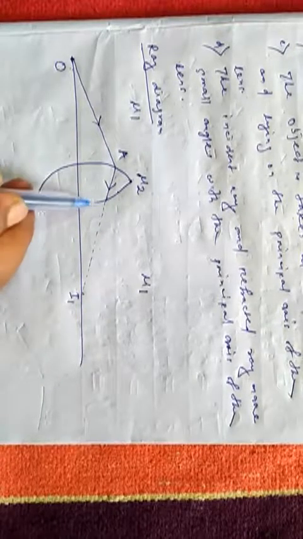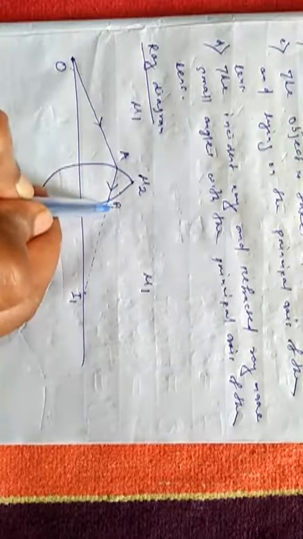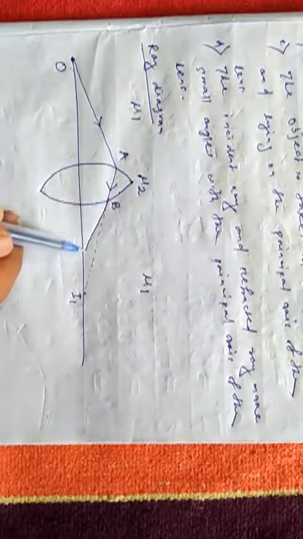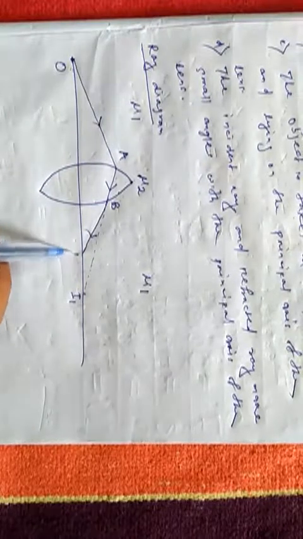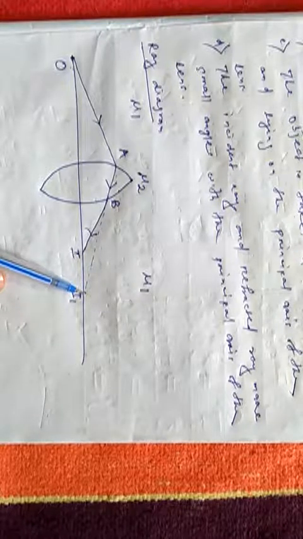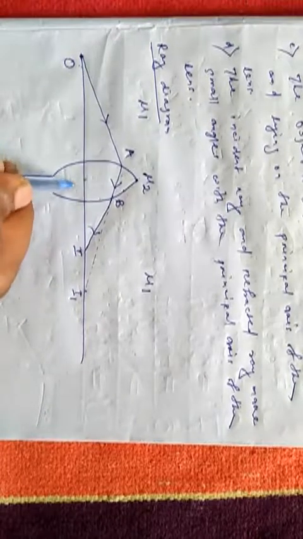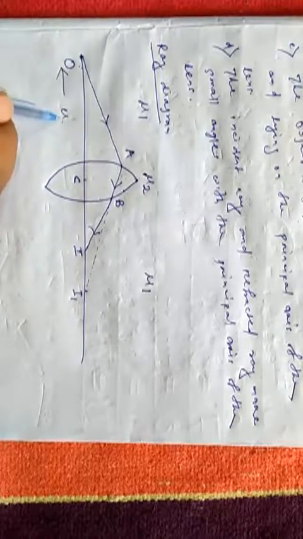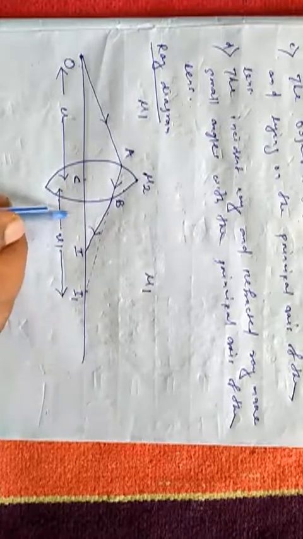But refraction takes place at the second surface, and that is where the final image is formed at I. Remember, for the first surface, O is the object and I1 is the image, and for the second surface, I1 behaves like a virtual object and I is the final image. Object distance u, image distances v1 and v.